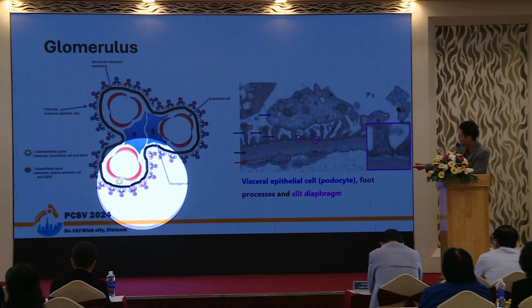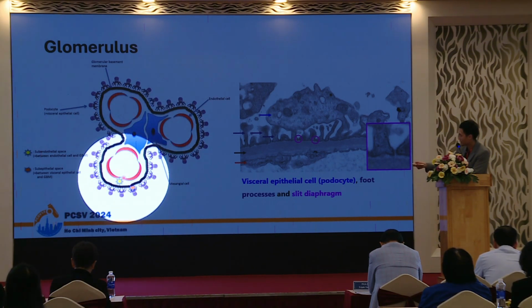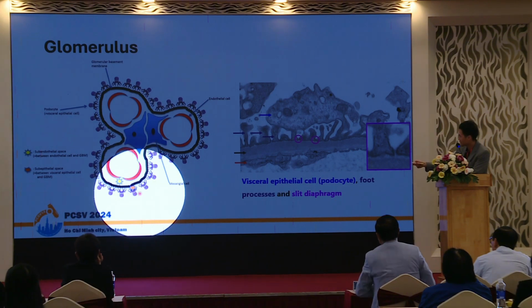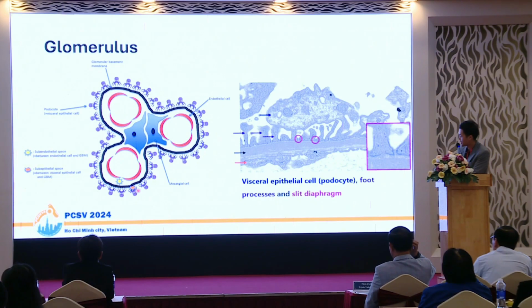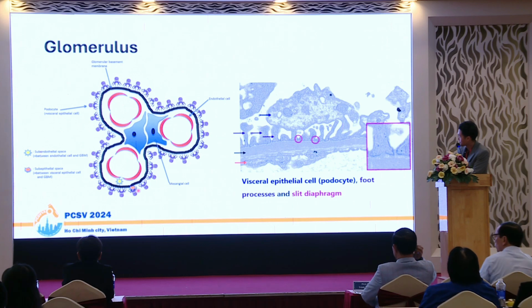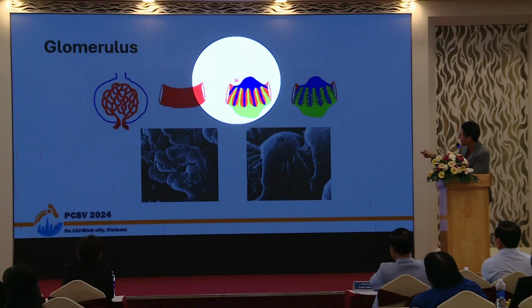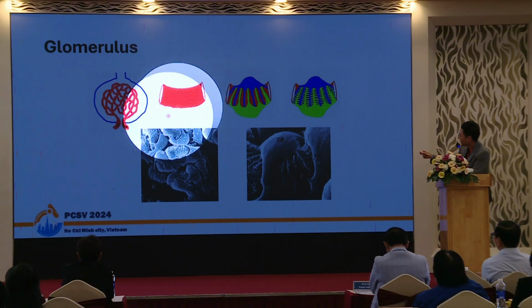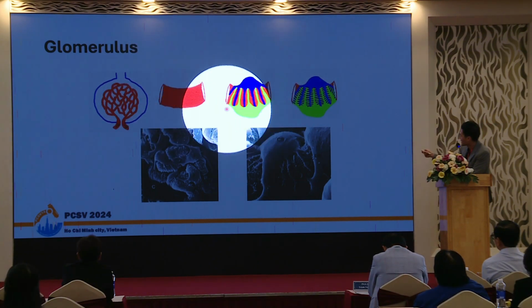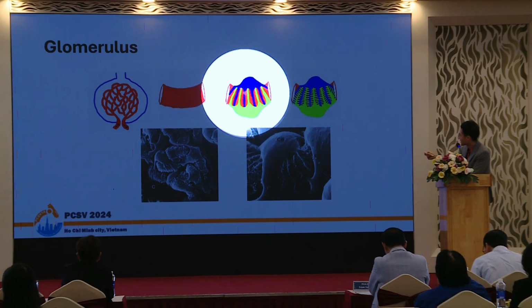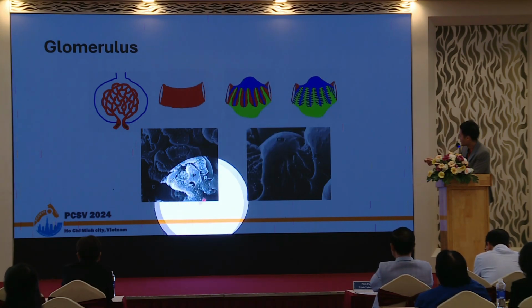The location between the basement membrane and endothelial cells we call the subendothelial space, and between the basement membrane and epithelial cells we call the subepithelial space. Podocytes cover the capillary wall very beautifully, and they are very closely packed to function as a filtration barrier.